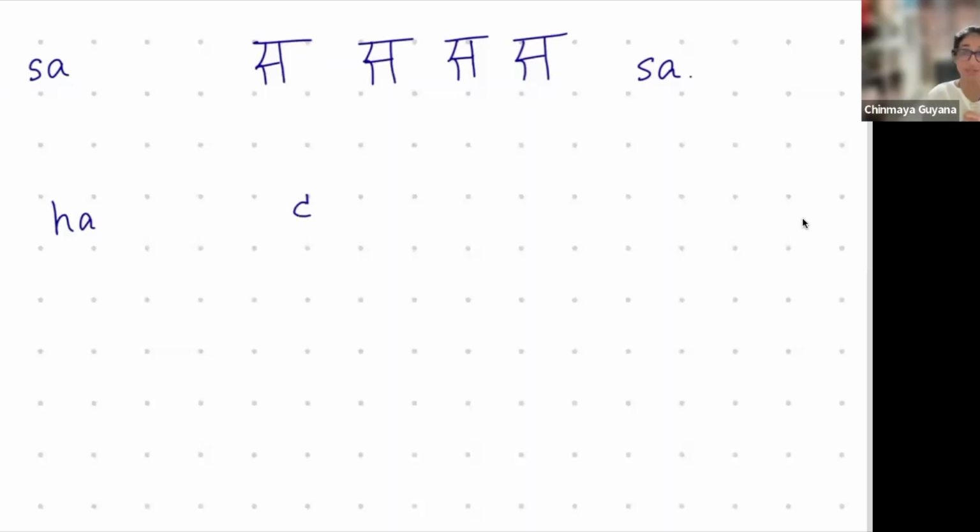And the fancy way, let me show you the fancy way that you'll find in the script first. Don't write yet, just watch. The fancy way is that this C has a little tail. And then you have another C coming underneath. The way we write it fast, in shorthand, simple way, which is not wrong, the alternate way is to just write it like that.